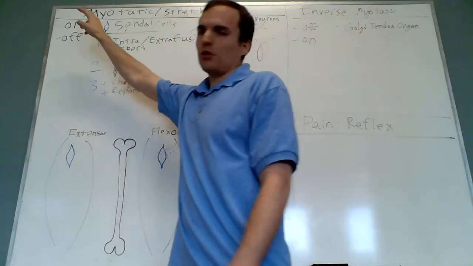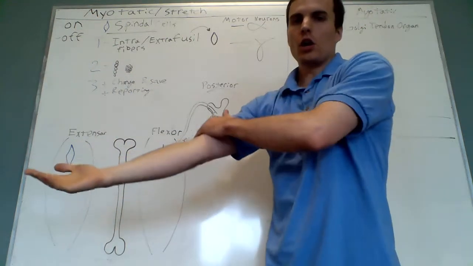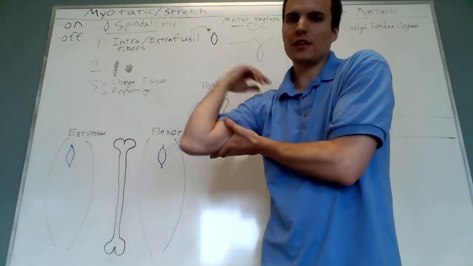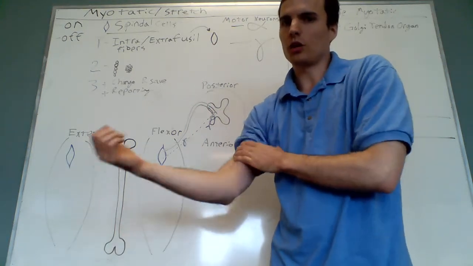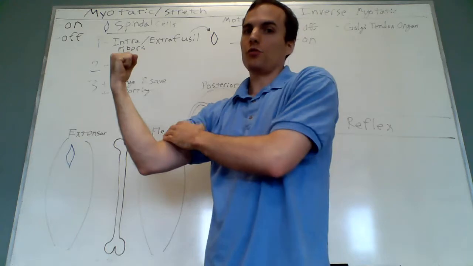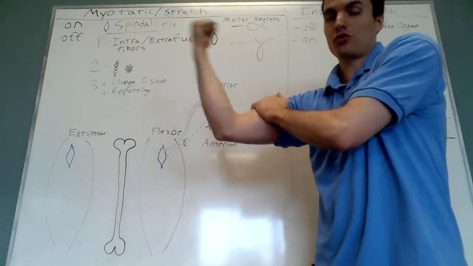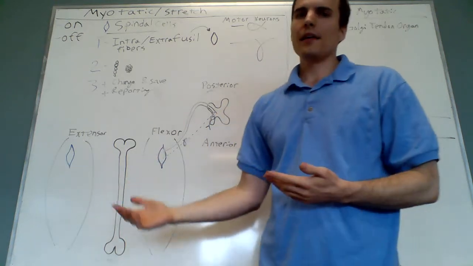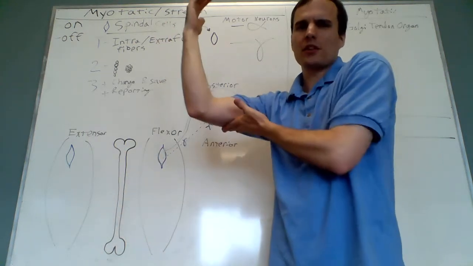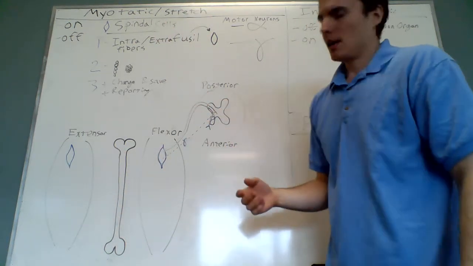So the first thing, if you can remember: on with the flexor, off with the extensor, and remember why that is. You're trying to save that muscle that's being torn off, and so you want the affected muscle to contract, to save it from being torn. If you can remember why, then obviously this is the one that turns on, this is the one that turns off, okay?